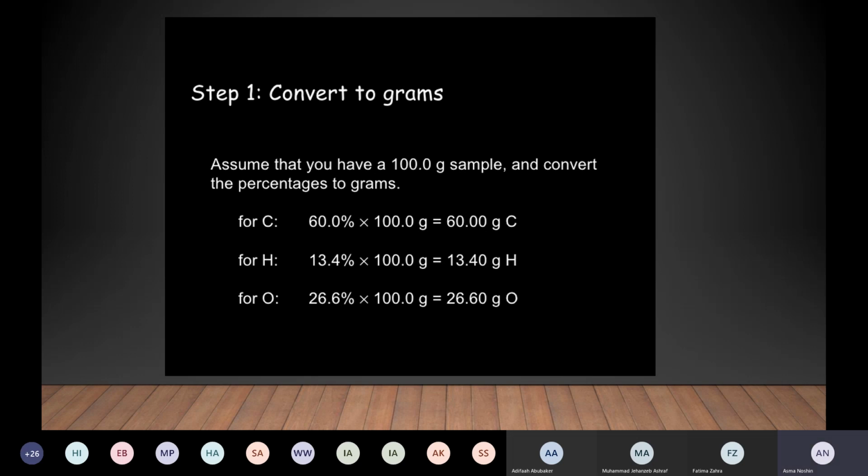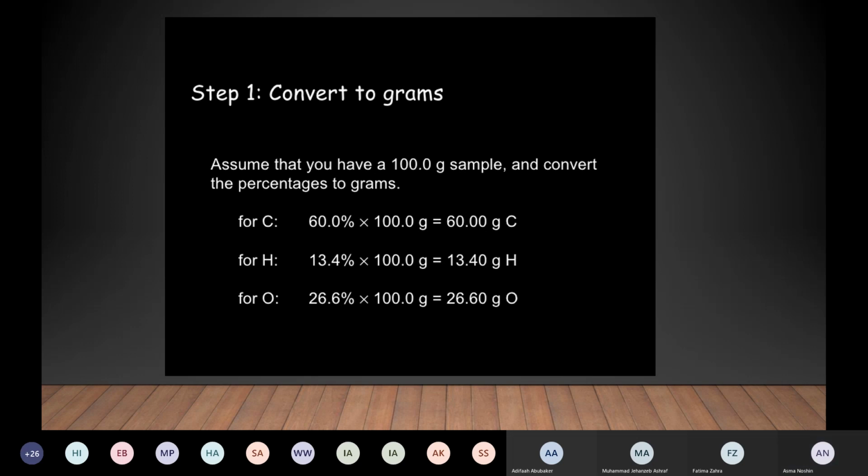But even if you do not do this step, it should be in your mind that we have assumed the sample was 100 grams. From that 100 grams, we have 60.0% carbon. So that means from that 100 grams, we have 60 grams of carbon.